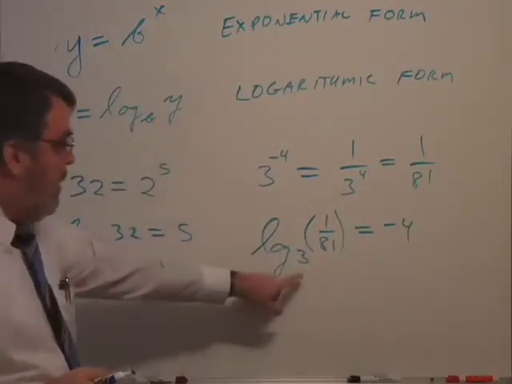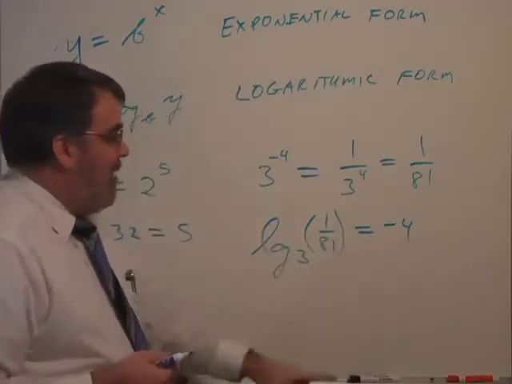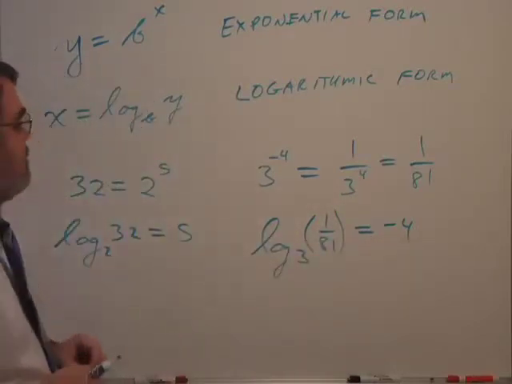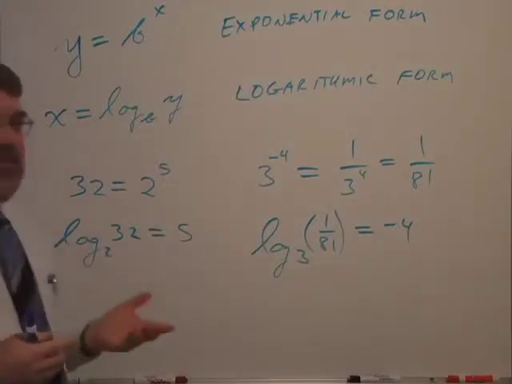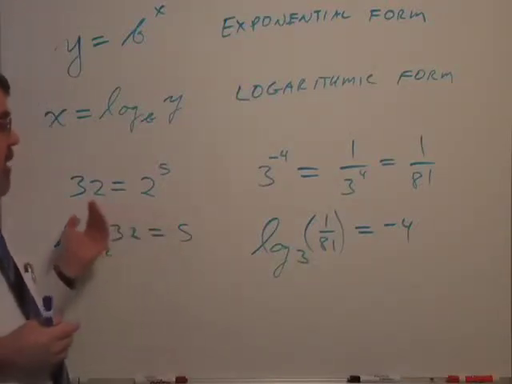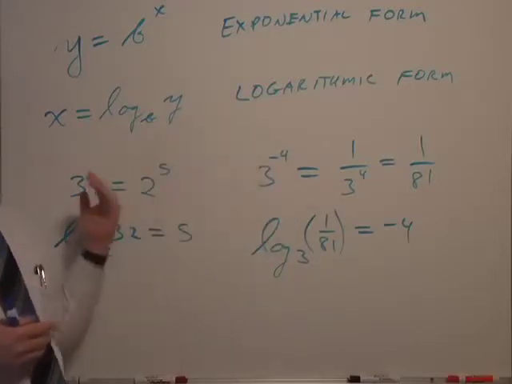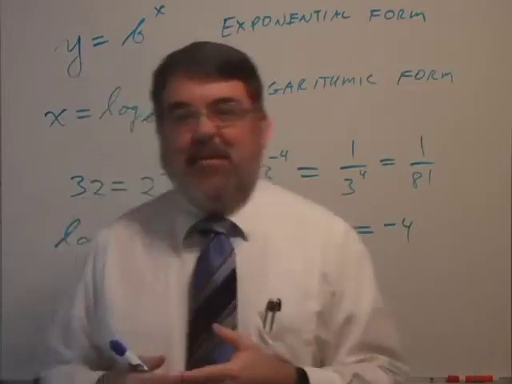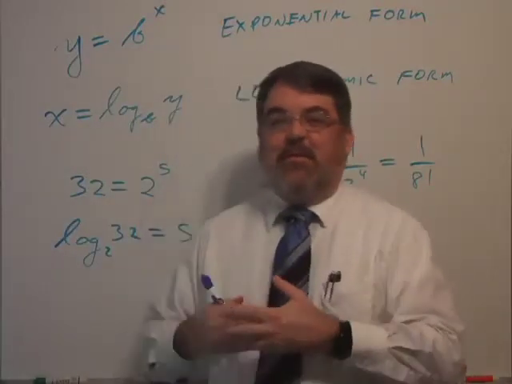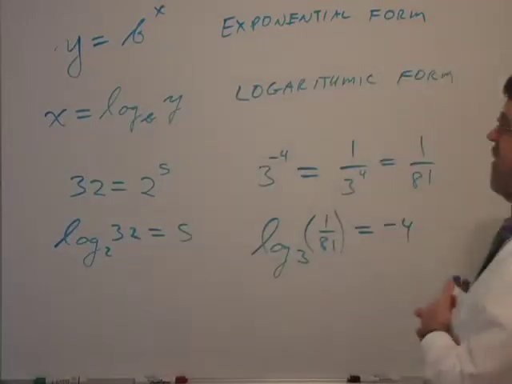So here you have 3 to the negative 4 equals 1 over 81. You need to become adept at going from logarithmic form to exponential form, back and forth. It's quite helpful to understanding this whole subject of logarithms.